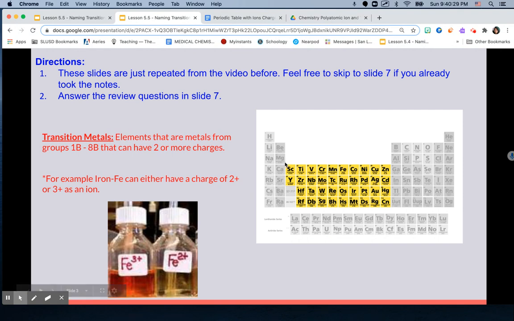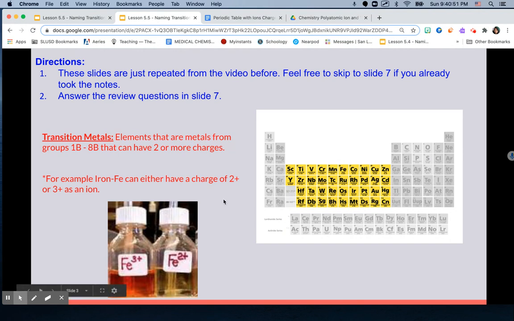Basically, they are these elements here with a yellow background, and they are elements that can have 2 or more charges. So for example, if you've ever looked at rust, you might have noticed that sometimes rust is a yellowish brownish color, and other times it has a very deep reddish color to it.